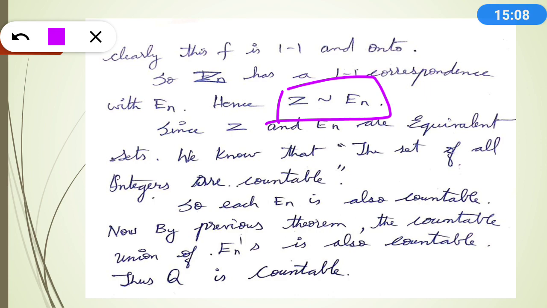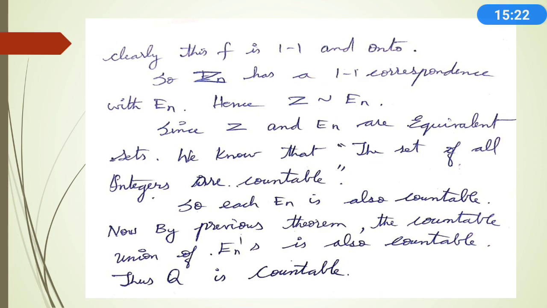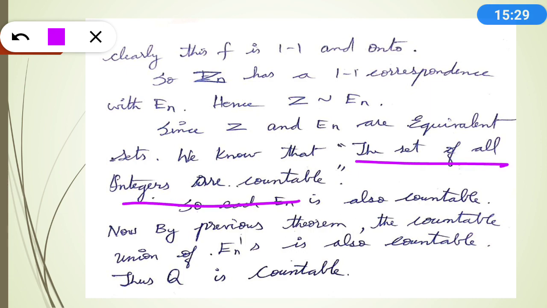We already know from the first theorem that Z, the set of all integers, is countable. So since Z and En are equivalent sets, En is also countable.